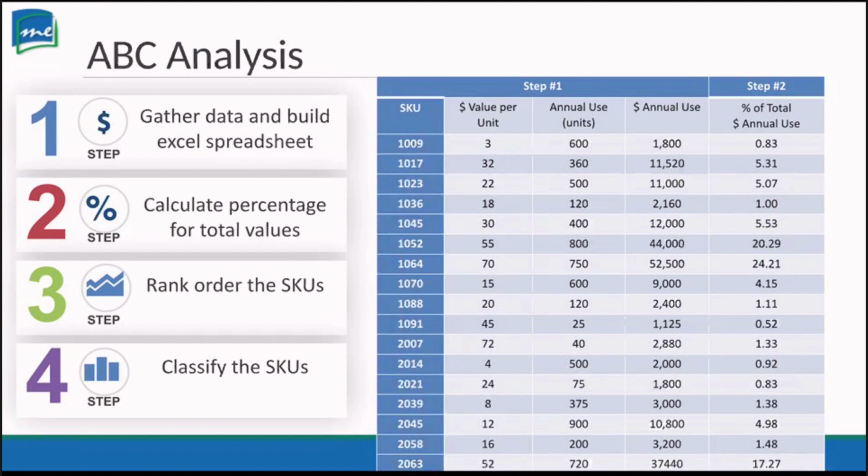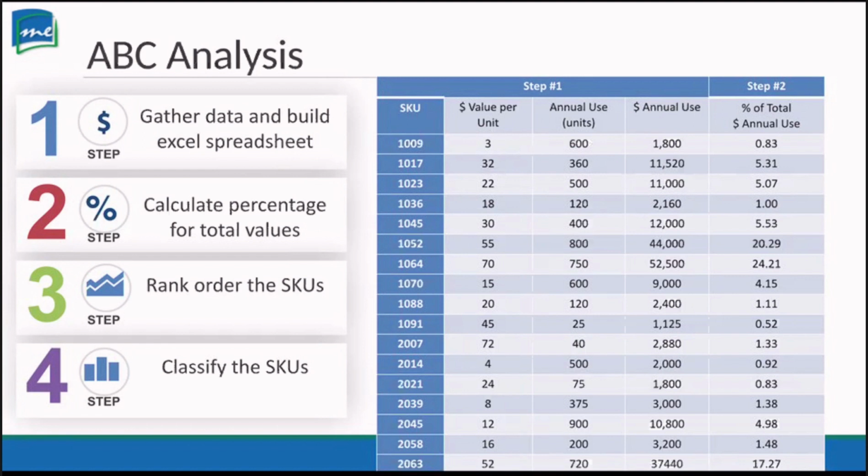Then you can move to the third step. The third step is to rank, because we want to know which inventories are the most important. We want to find how many inventories take up the 20% of the total value, which can be classified into the A category.